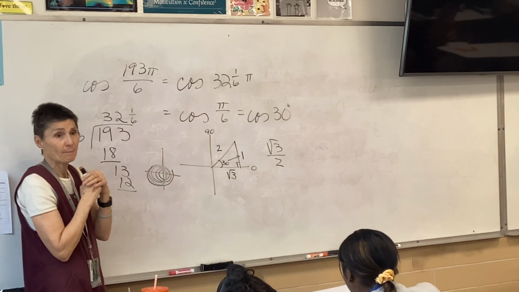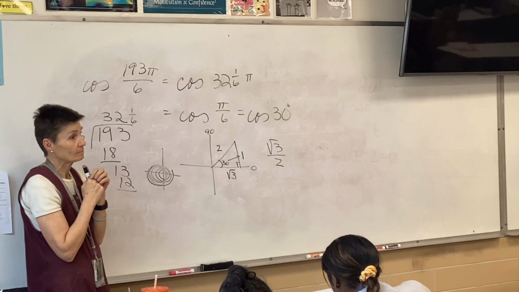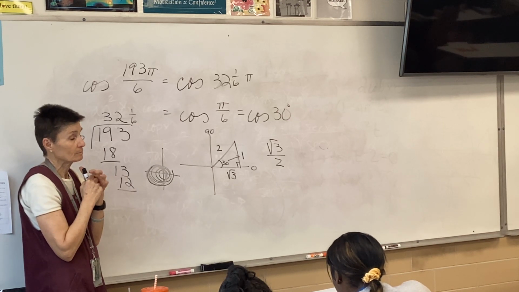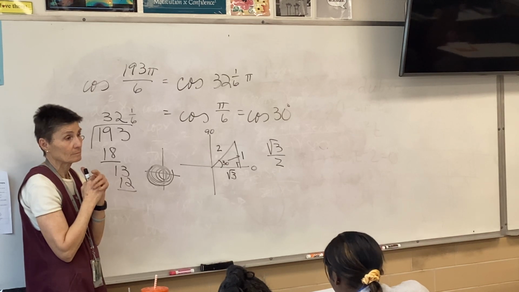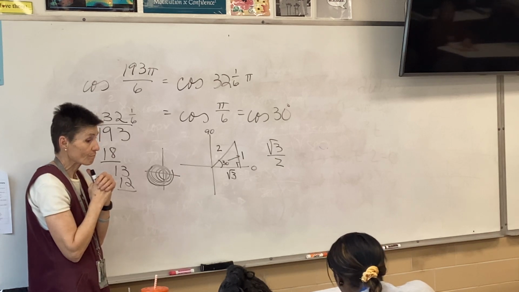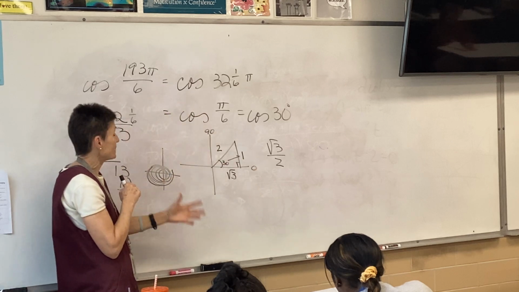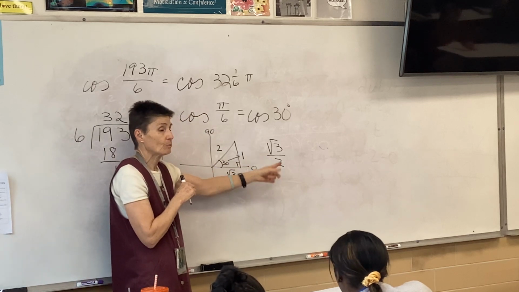So 1 is opposite. Root 3 is adjacent. Okay, all right with that one? That's the answer right there, root 3 over 2. So all this stuff we did was to get to that, root 3 over 2.